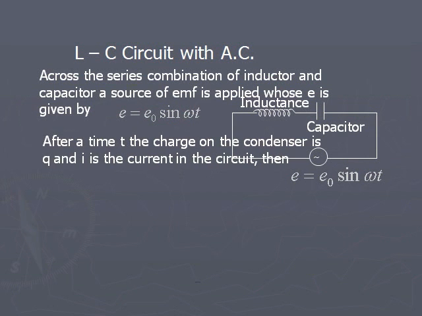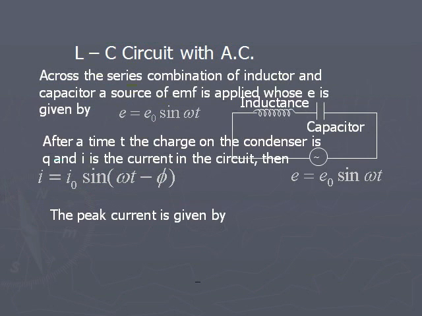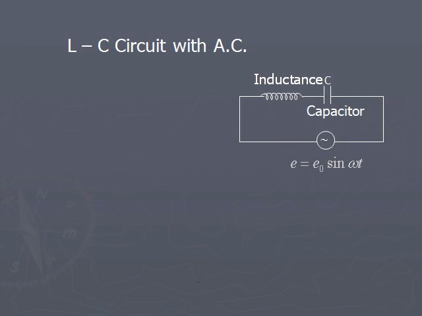Then at a time t, if the charge on the capacitor is Q and the current in the circuit is I, the instantaneous current is given by I = I0 sin(omega t minus phi). The peak value of current I0 is given by I0 = E0 divided by (omega L minus 1 by omega C).